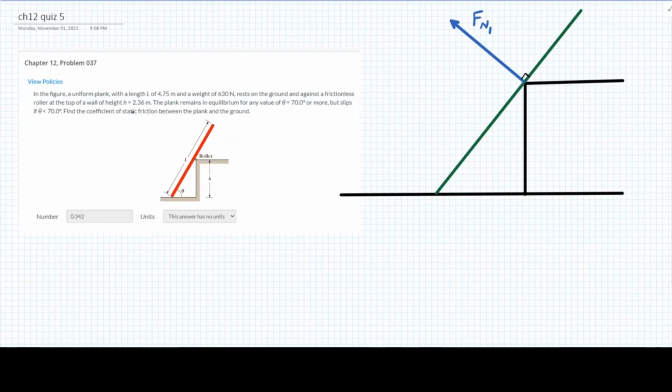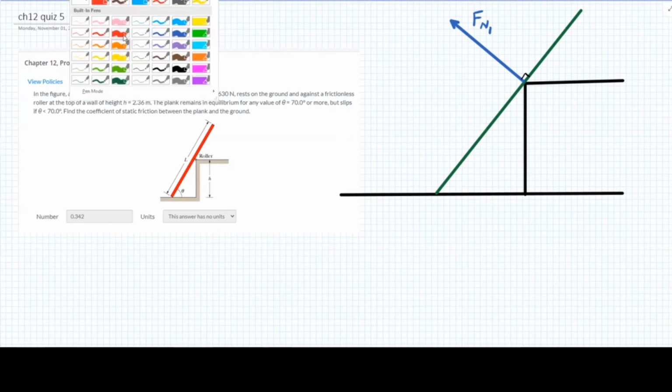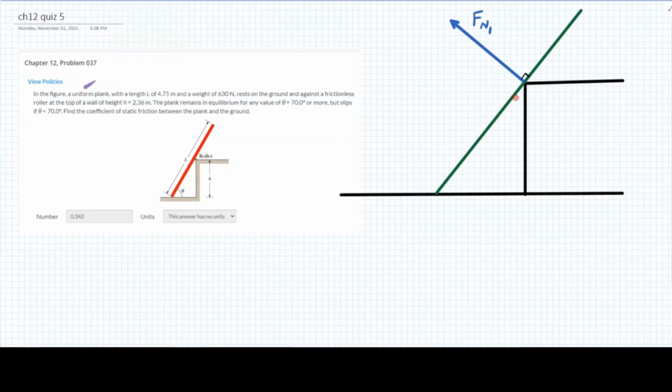That's one of the forces. We know that it has a weight. So this is not massless. So we're kind of done with the era of being massless. So here's another force. It's the weight force. And it's uniform. So this uniform means the center of mass is the same as the center of geometry. So I don't know exactly where this center of mass is with respect to that roller, but I'm just going to guess right here.